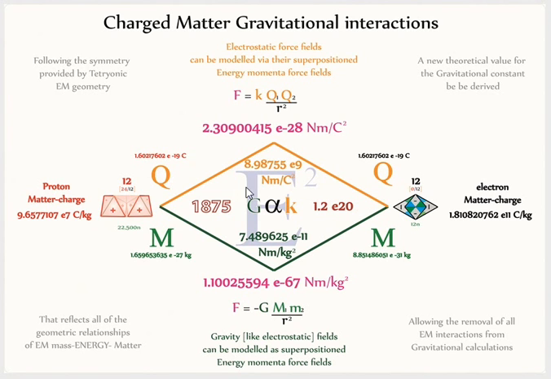We can apply that to the formulations, and we get an exact value for the gravitational constant and an exact value of the force between a proton and an electron at that distance of 1 meter between the two.